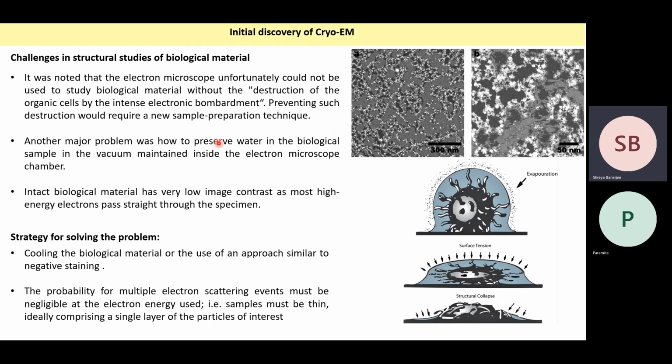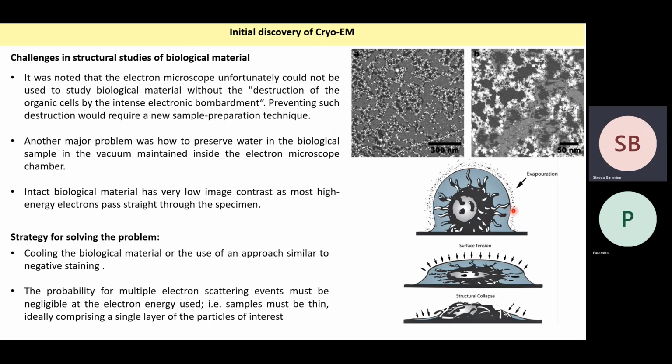Another problem was how to preserve water in the biological sample in the vacuum maintained inside the electron microscope chamber. The electron microscope can only operate in a vacuum chamber, because otherwise the electrons that are generated will get quenched by the molecules of air. So in this vacuum, suppose you have a protein which is stabilized by interactions with the surrounding water.